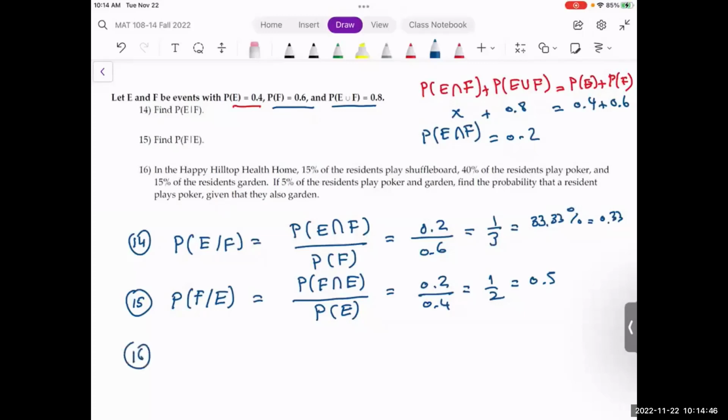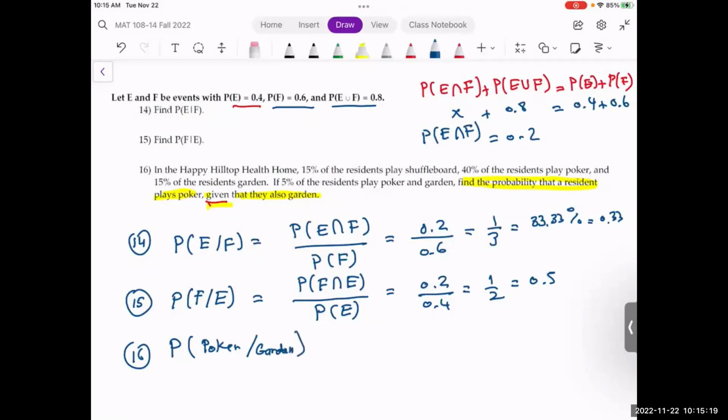All right, 16 here. For 16, the question is, find the probability that a resident plays poker, given that they also garden. So there is a given word here, right? So do you see it? So if I want to write the probability here, this is the probability of a player going to play poker, given they also garden, right?